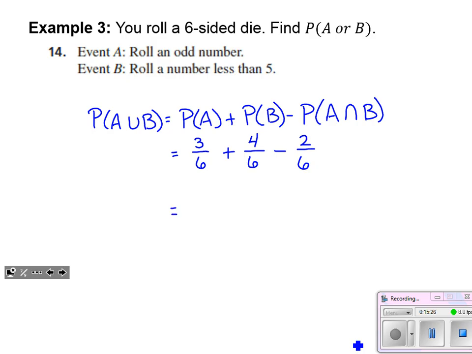Okay, and again, we have nice common denominators to work with, we get 5/6 for the probability of getting event A or event B. And that makes sense too, because what is the only way we could not meet one of those criteria? It's by rolling a 6. So 6 is really the only outcome that's not part of our compound probability here.